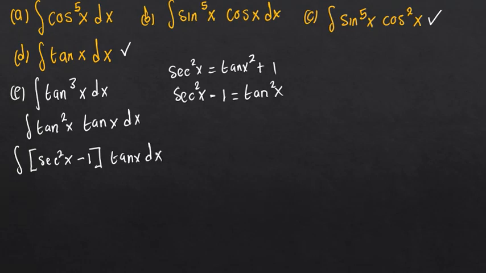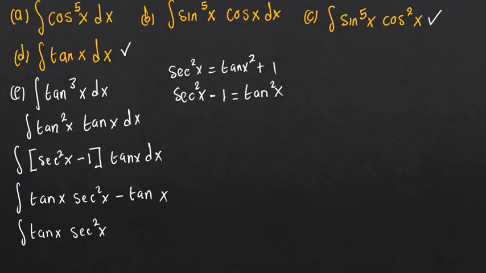Now notice that this tan is going to multiply everything, so we're going to have tan x secant squared x minus tan x. So from here, this can also be written as the integral of tan x secant squared x minus the integral of tan x.